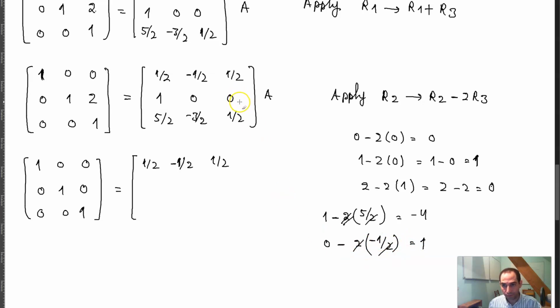And then you have R2, which is 0 minus 2. Excuse me. And then you have 0, which is basically R2 minus 2 times R3, did I make a mistake here?